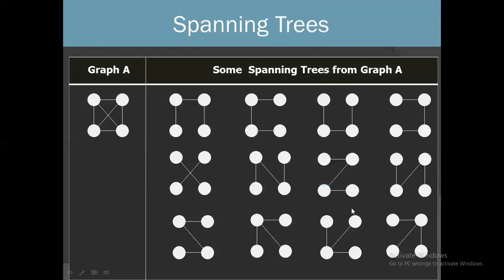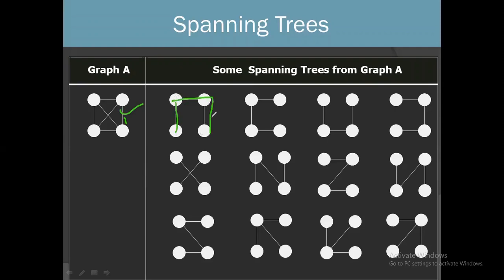So you can see in this example the difference between graph and spanning tree. In this graph, vertices and edges are interconnected with each other with loops. In a spanning tree, there are no loops. In this spanning tree, all the vertices are contained. We visit all the vertices without forming loops.